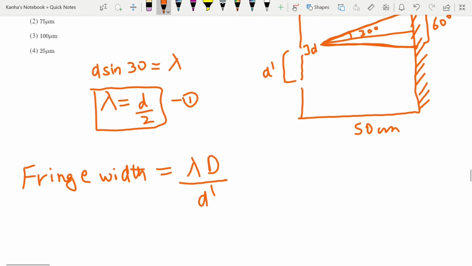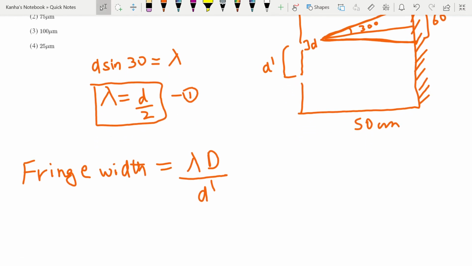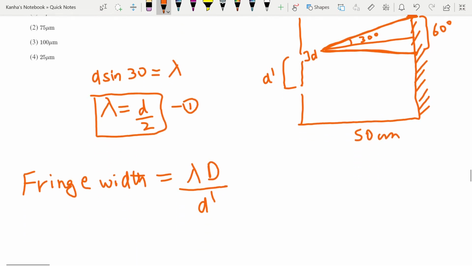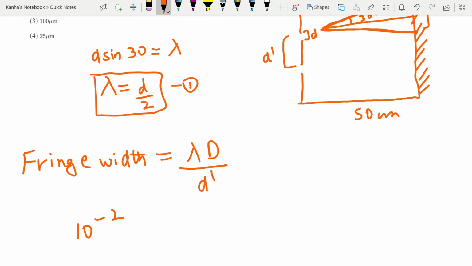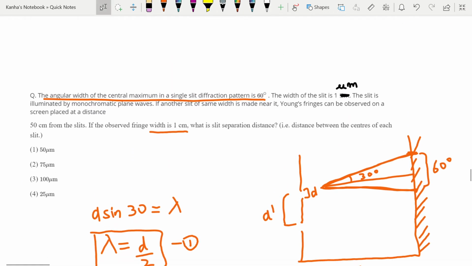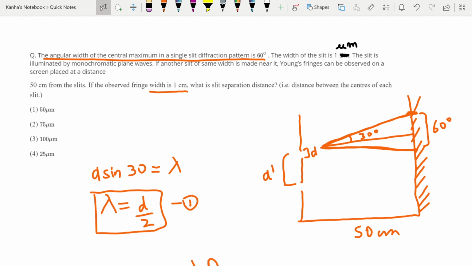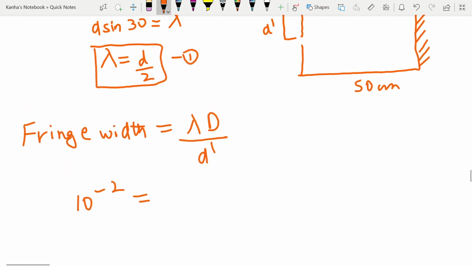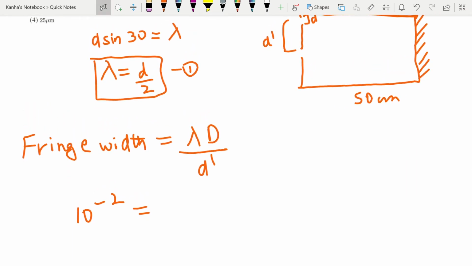With this in mind, we can easily write, because you have been given that the fringe width is 1 centimeter, 10 to the power minus 2 is equal to lambda D by d prime. Instead of lambda you can just use that lambda is equal to d by 2. So I have d by 2 into D by d prime. This is what I need to solve.